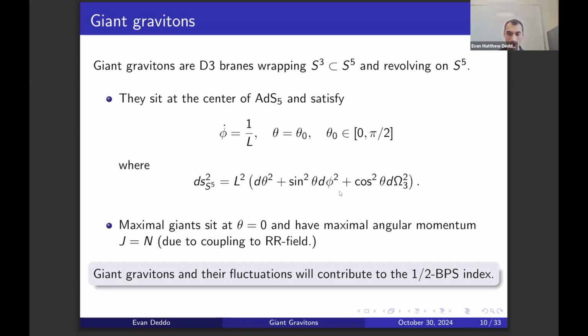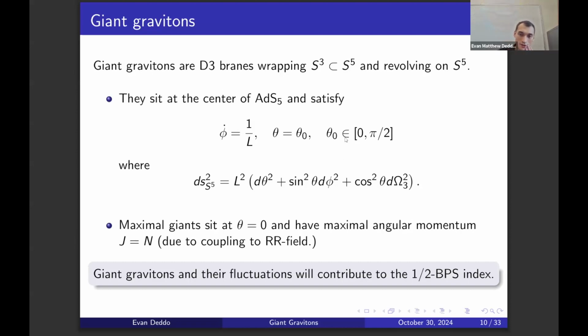The giants can wrap this 3-sphere, and then they will sit on this 2-sphere and revolve around at lines of constant latitude, with theta equal to a constant, and they'll move at this particular frequency, with a period that depends on the AdS radius.